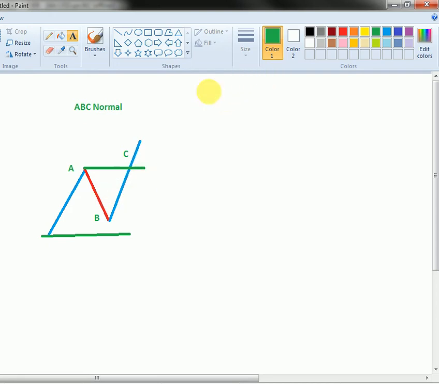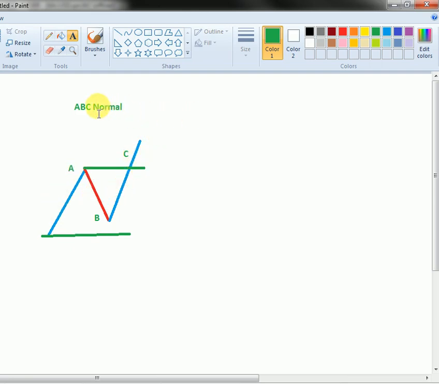You can see this A, B, and C, so you must remember the rule: B cannot break the previous low, and then C must break higher than A.